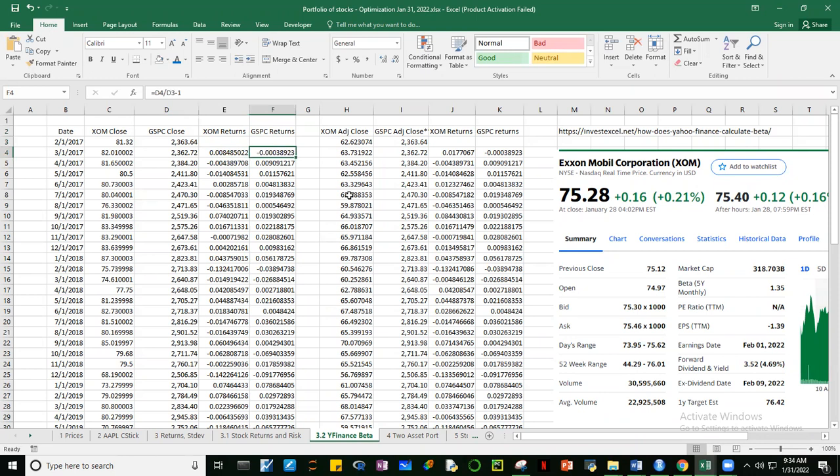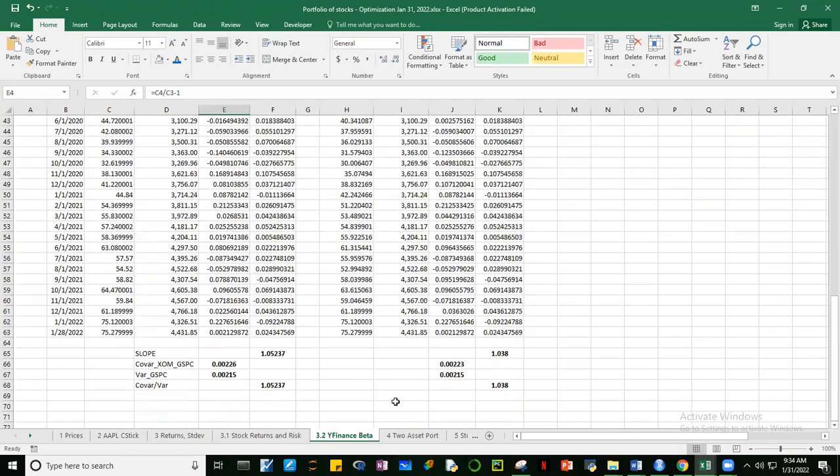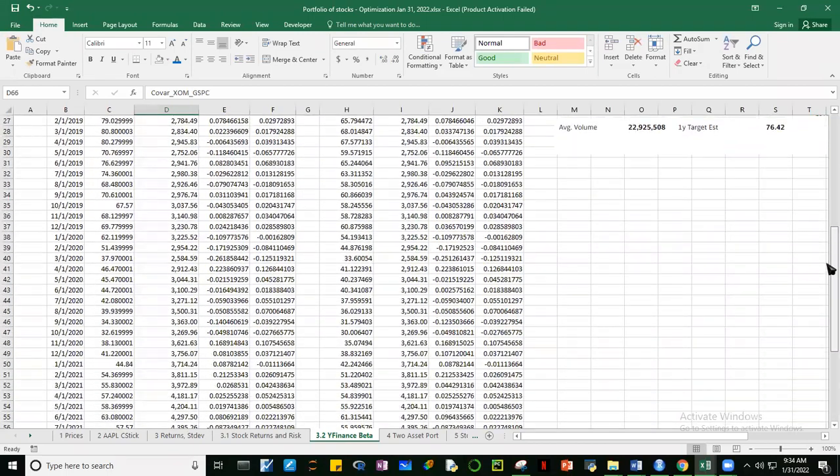Yahoo, I think, is using the discrete returns, so it's just the current price divided by the previous. After getting those returns, we can easily compute the slope, which is your beta. This is the slope of the line where we are regressing the returns of Exxon on GSPC.